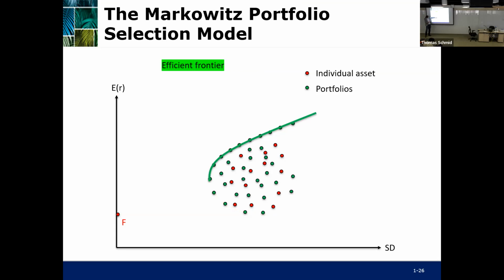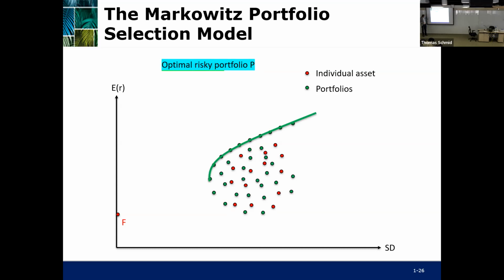All the portfolios on the lower arm of the minimum variance frontier are dominated by this efficient frontier. If you go back, you would never invest in this portfolio because for the same level of risk, you can invest here. So this is what we call the efficient frontier, this upper arm.